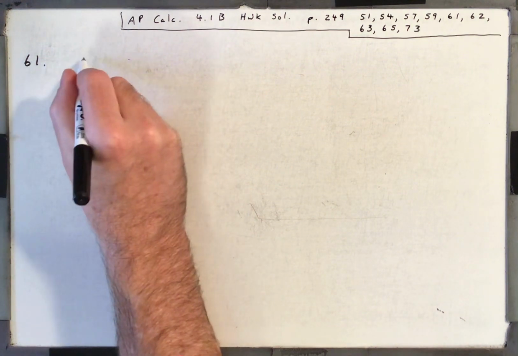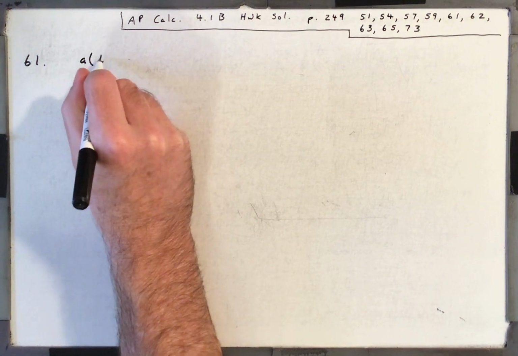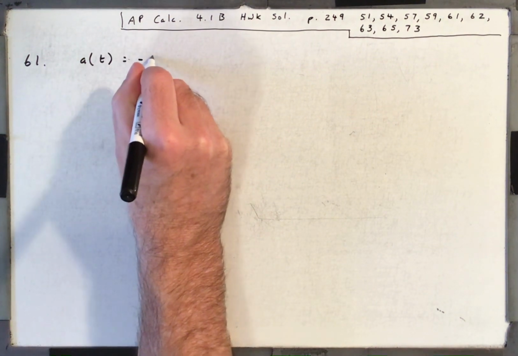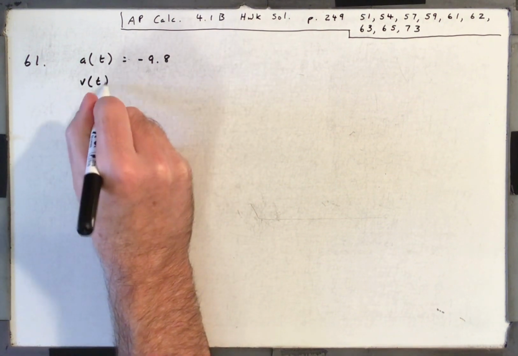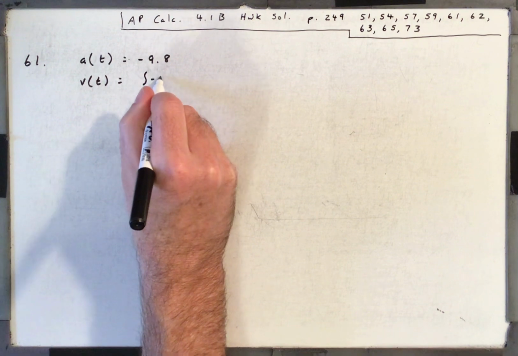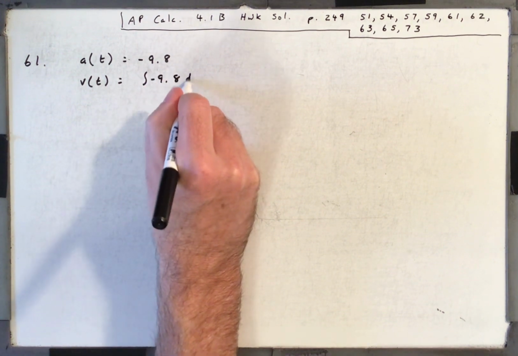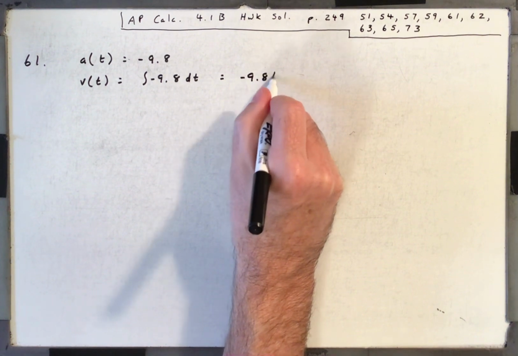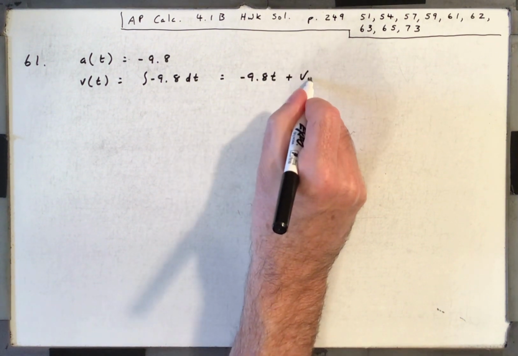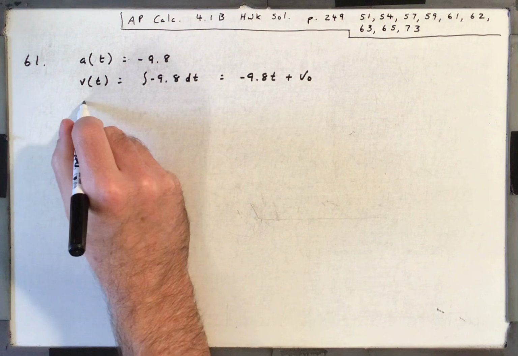This time we're in meters instead of feet, so we're starting with a of t is minus 9.8. So v of t, we would integrate minus 9.8, which is going to be minus 9.8t plus v naught. That's our c.